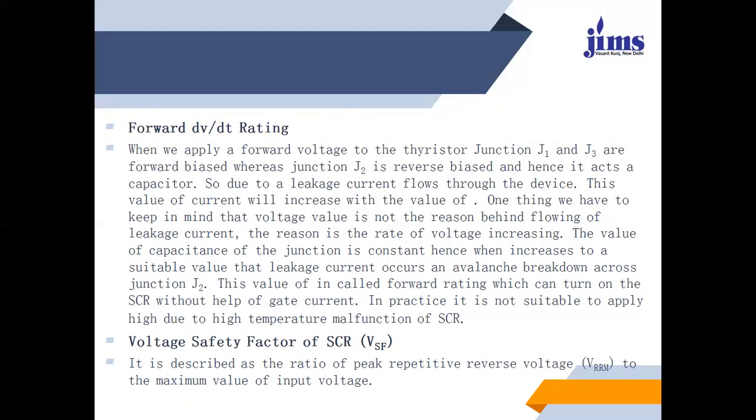The value of capacitance of the junction is constant. Hence, when dV/dt increases to a suitable value, leakage current occurs and an avalanche breakdown takes place across junction J2. This value of dV/dt is called the forward dV/dt rating, which can turn on the SCR without the help of gate current. In practice, it is not suitable to apply a high dV/dt, due to high temperature and malfunctioning of the SCR.